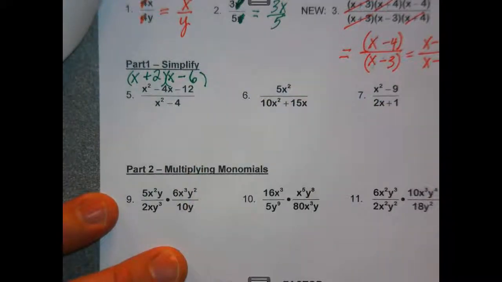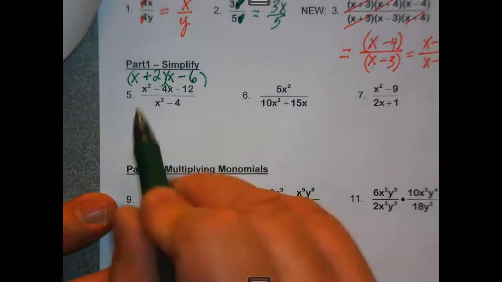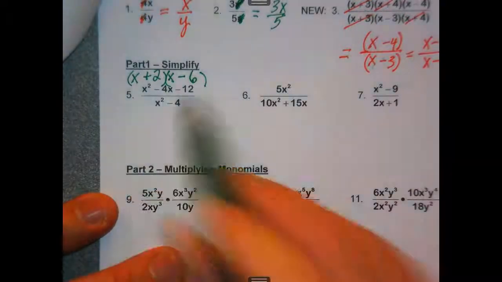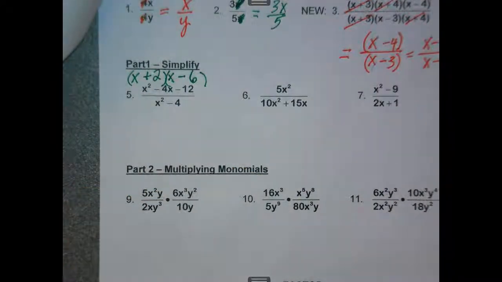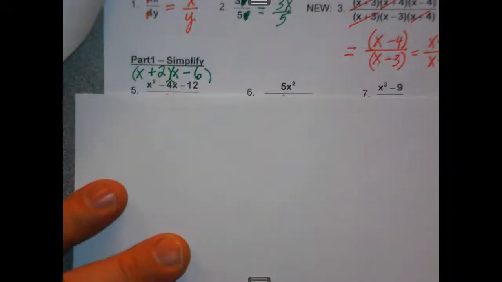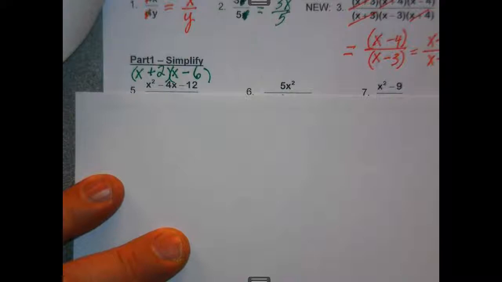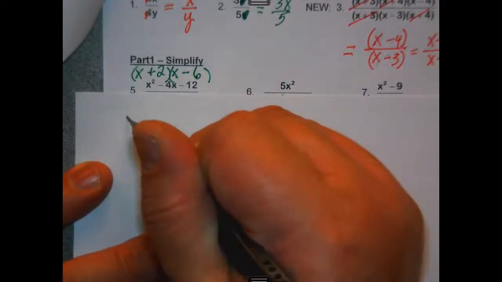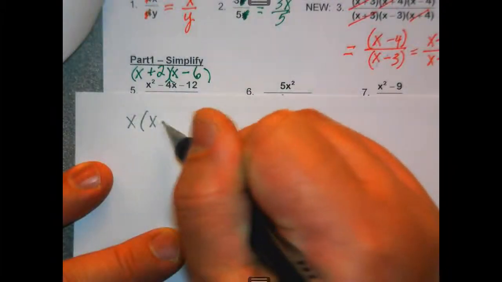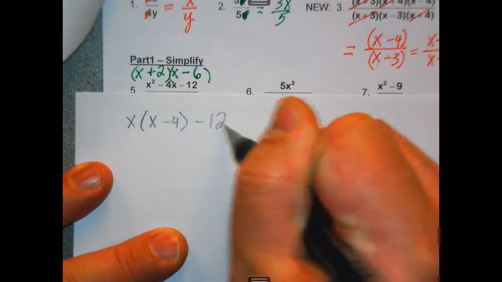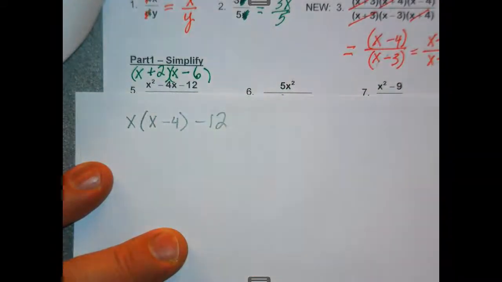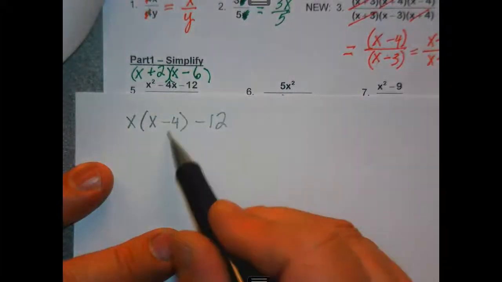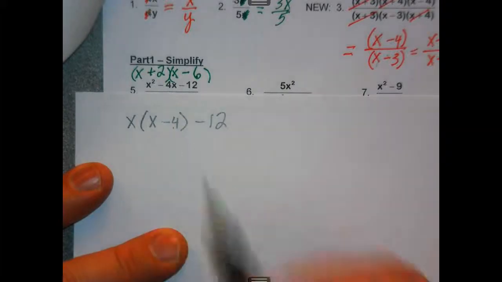X and the 4 out. Well, you want me to take an x out of, and what do you want me to do next? Yeah, but now I blocked that 4 in parentheses.